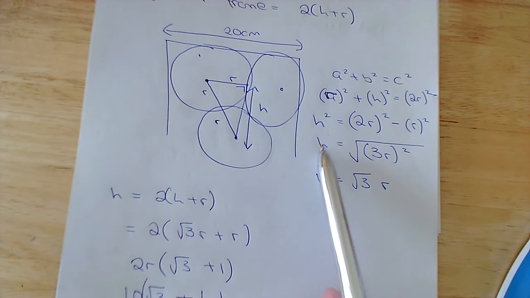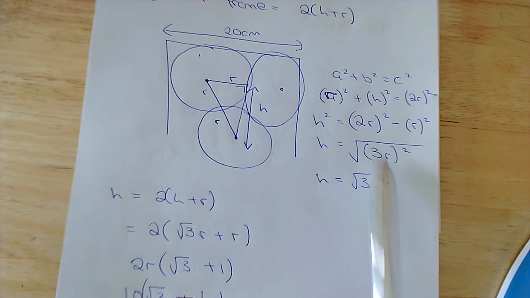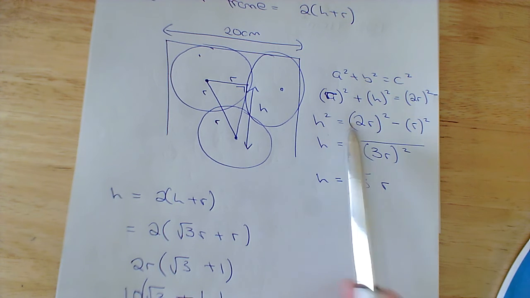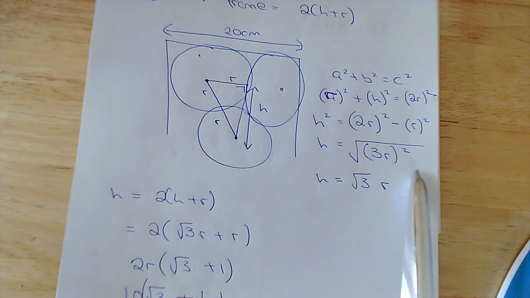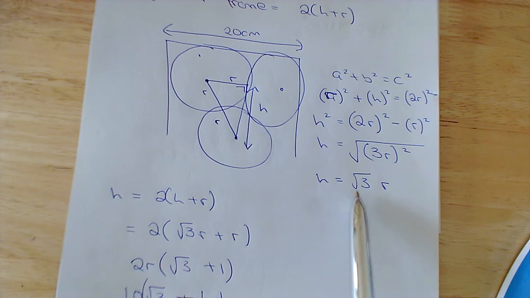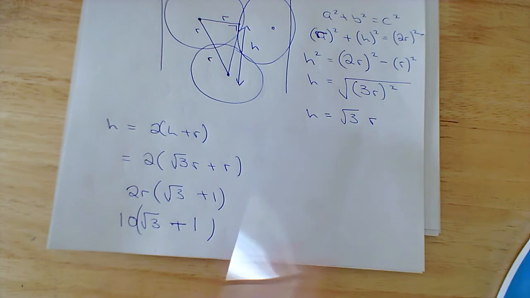Then h squared is equal to 4r squared minus r squared, so that's actually going to give me 3r squared. So then my height is equal to root 3 r. Now I know that my height is equal to root 3 r.